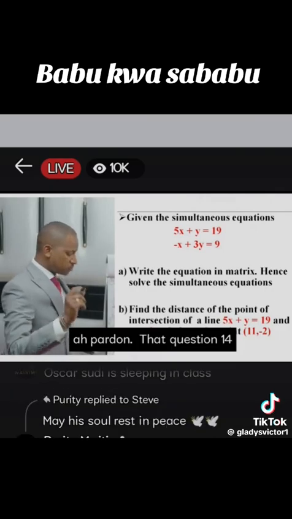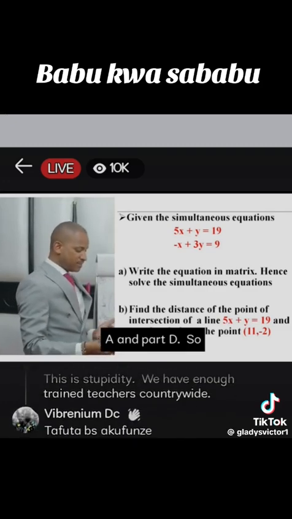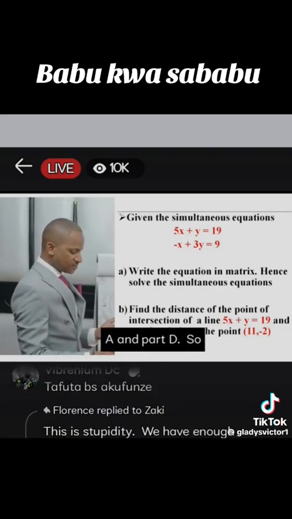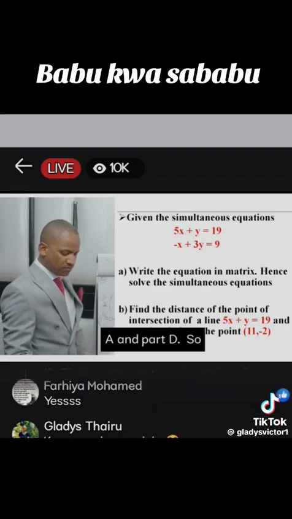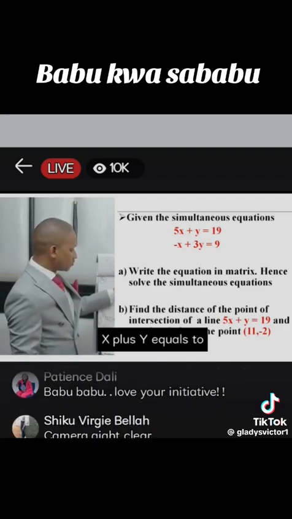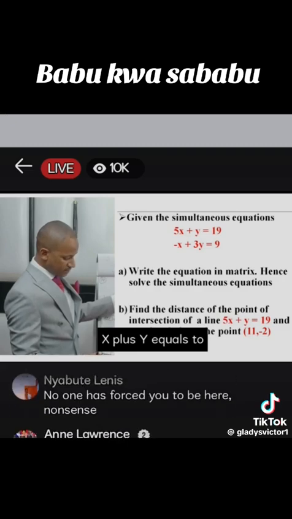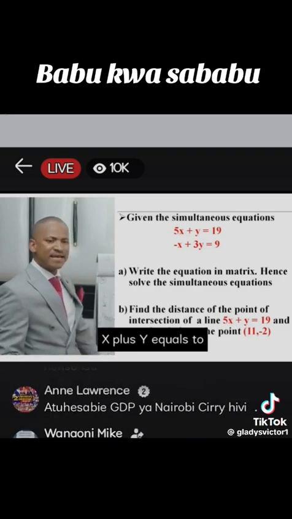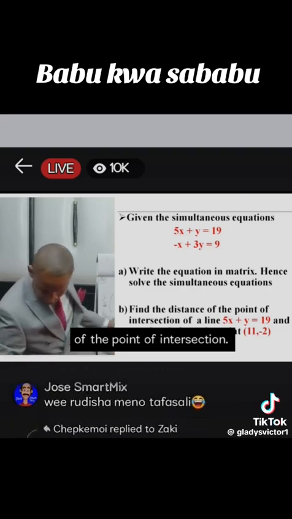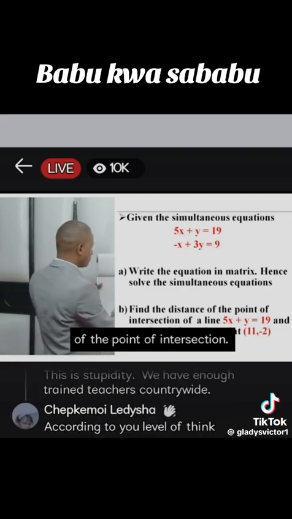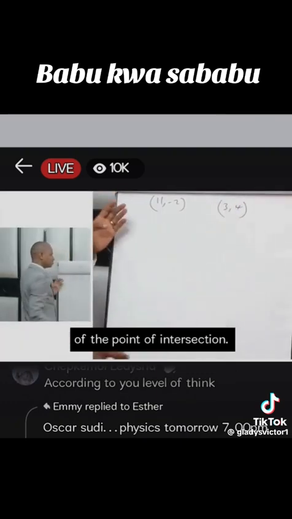The next question, B of it, is a 10 marks question, part A and part B. So part B says, find the distance of the point of intersection of the lines 5x plus y equals 19 and minus x plus 3y equals 9, from the point 11, minus 2. That is what that question is simply telling you.